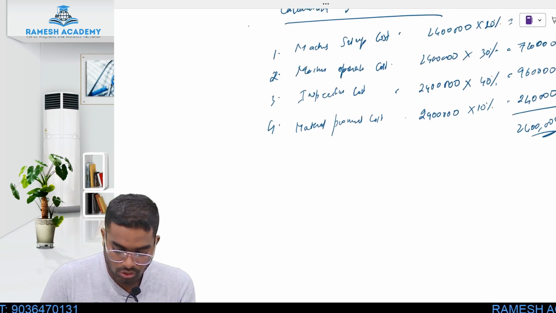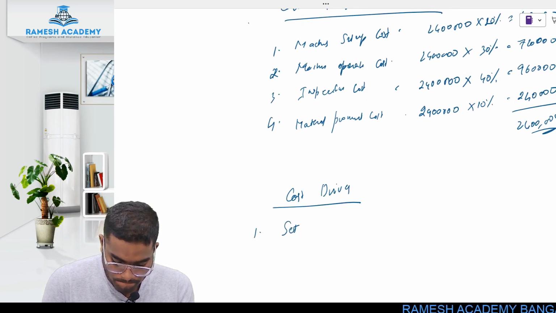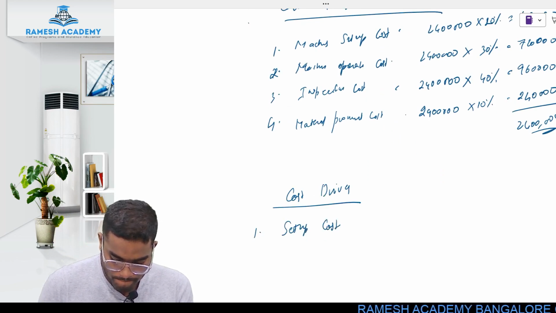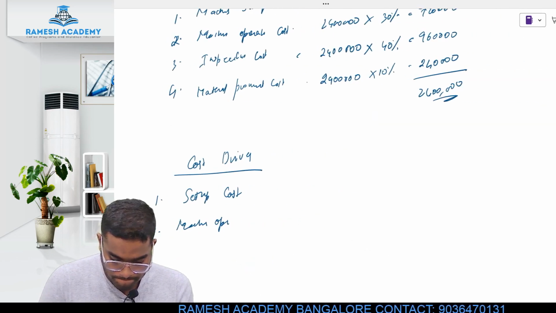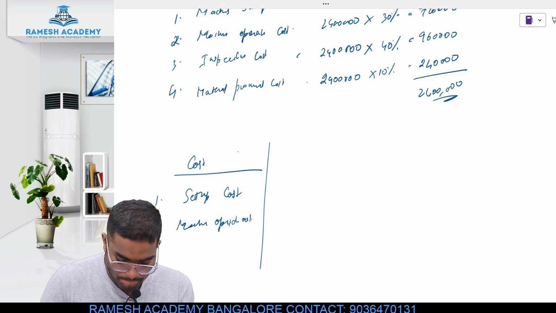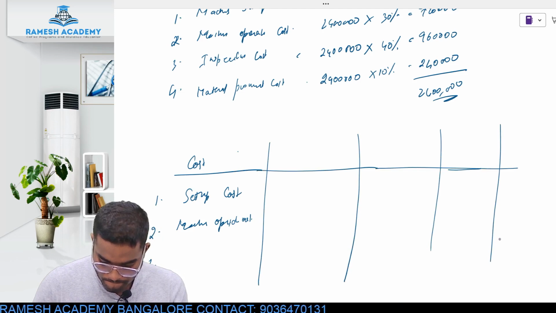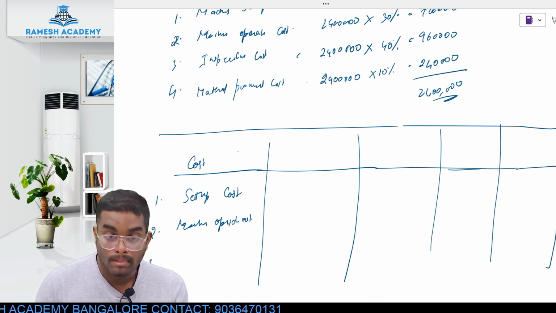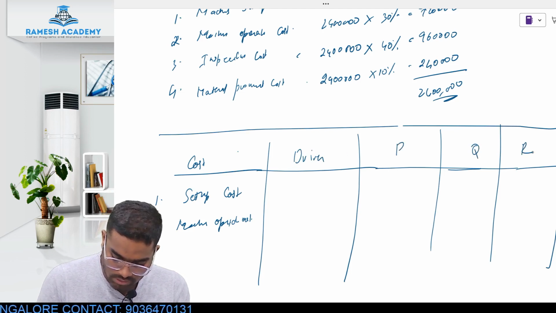Next, cost drivers. So I'll just write once again all the things. So driver and P, Q and R, what are these?